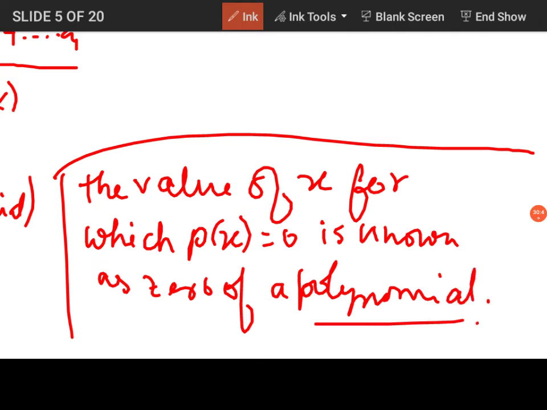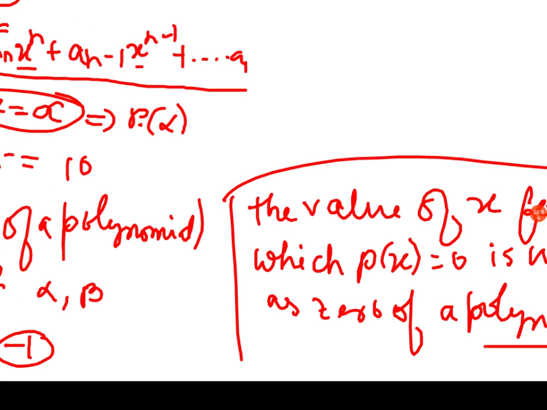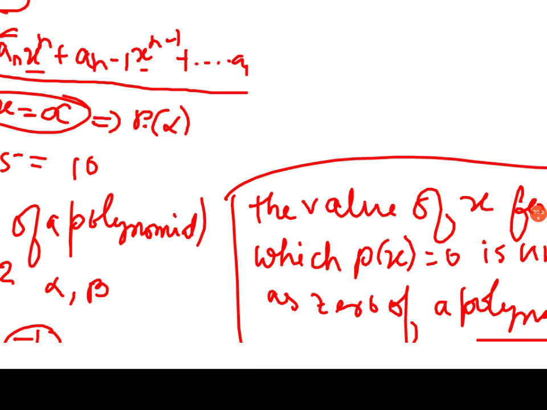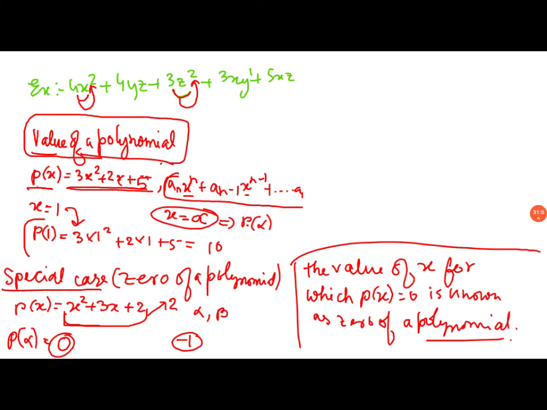So this is it. So I hope that you have understood what is a zero of a polynomial and what is the value of a polynomial. Zero of a polynomial is just a special case of value of a polynomial, where if you replace x with a certain number and you get the value of that polynomial as 0, then that value is known as the zero for that polynomial. Correct?